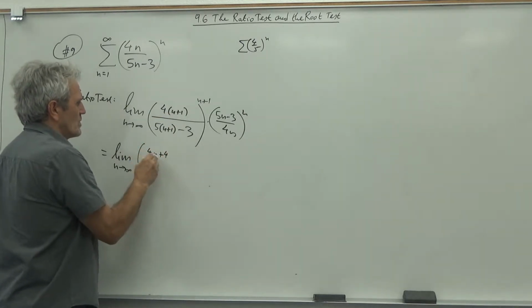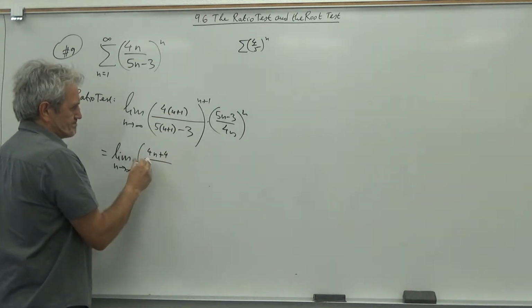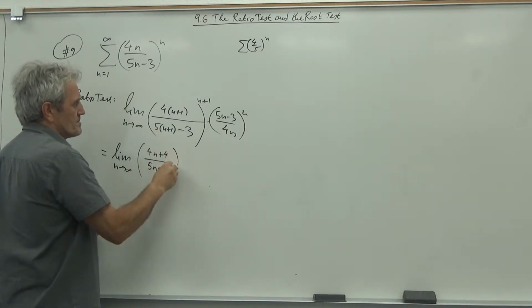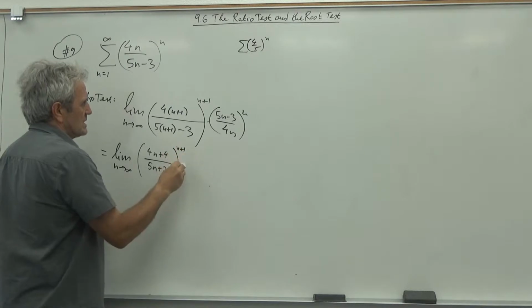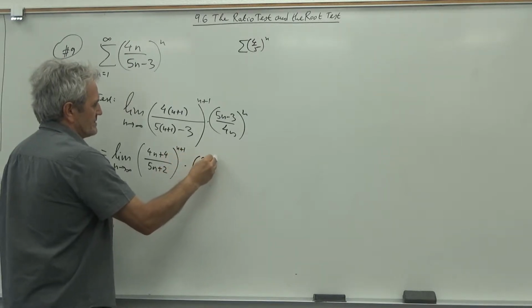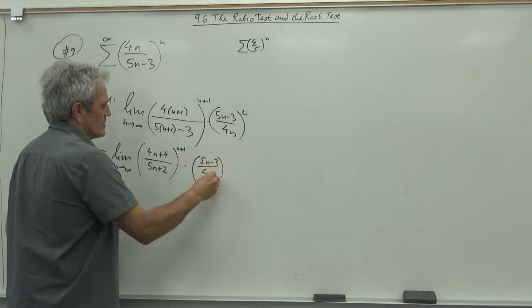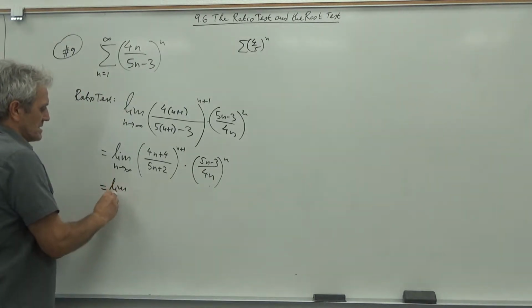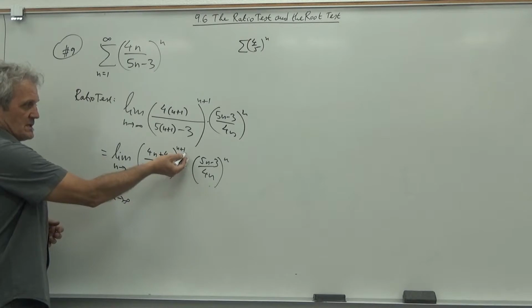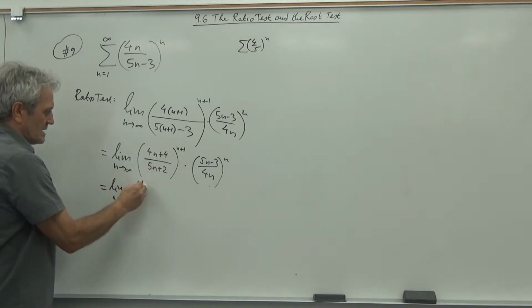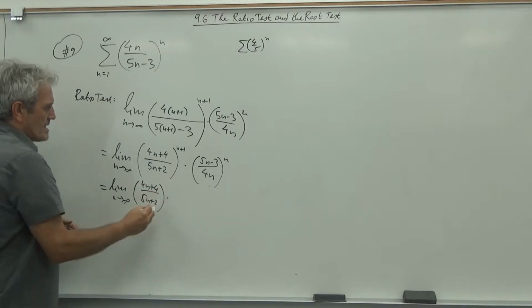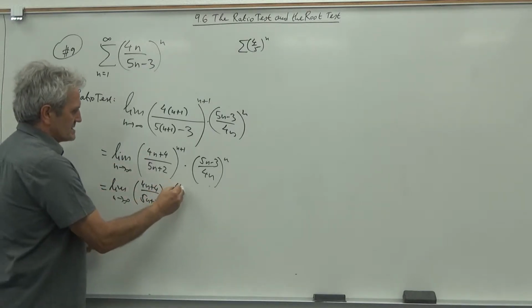4n plus 4 over what? (5n plus 2) to the n plus 1 times (5n minus 3) over 4n to the n. That would be, as we said, the only chance I see to split one copy ahead and then have n copies here.